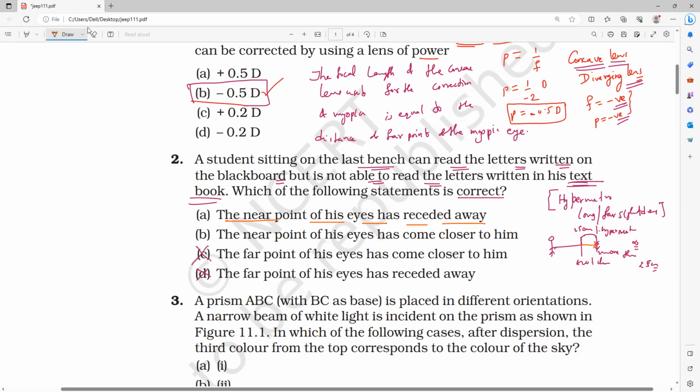All of you understand? Okay. So option A is correct.